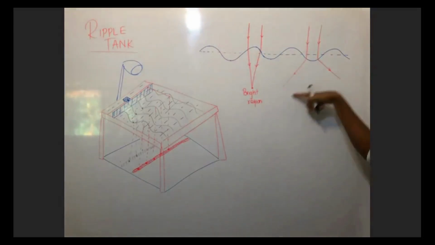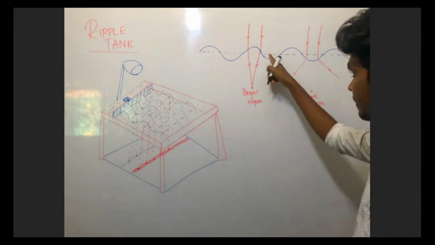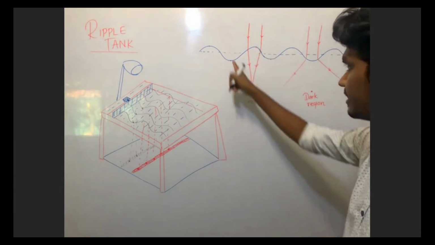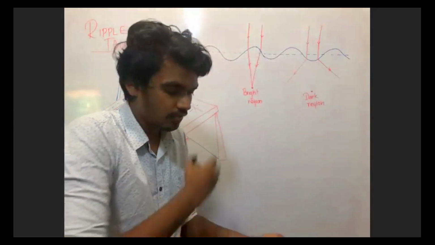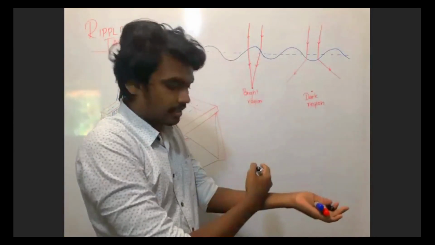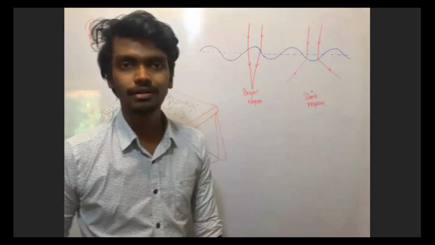Trough, no light. Crest, light. So this is why you observe side by side dark region, bright region, dark region, bright region. This is the reason.